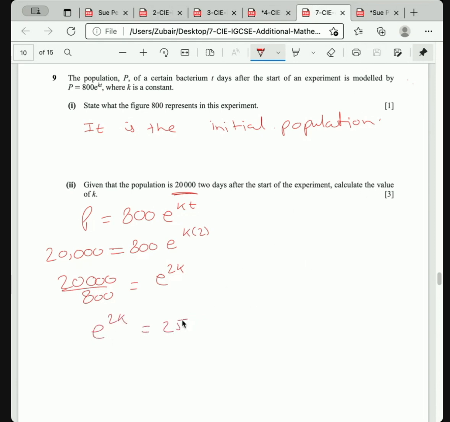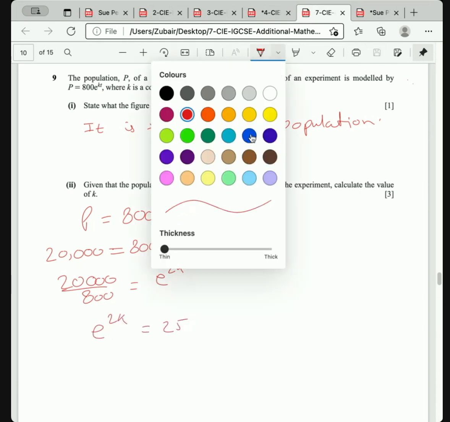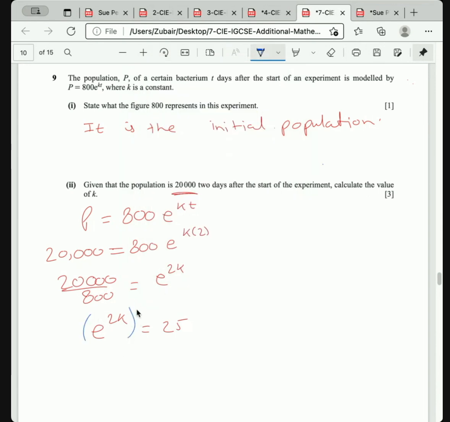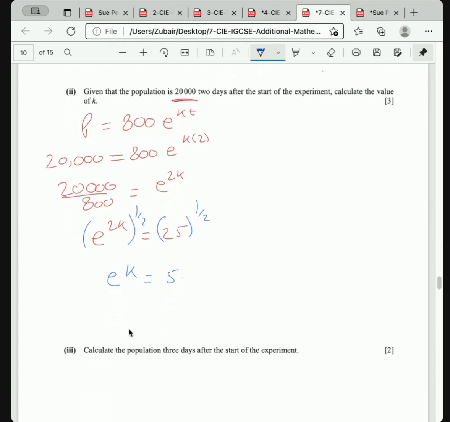I'm taking the square root on both sides. e raised to k is equal to 5, and applying ln on both sides, k equals ln 5.